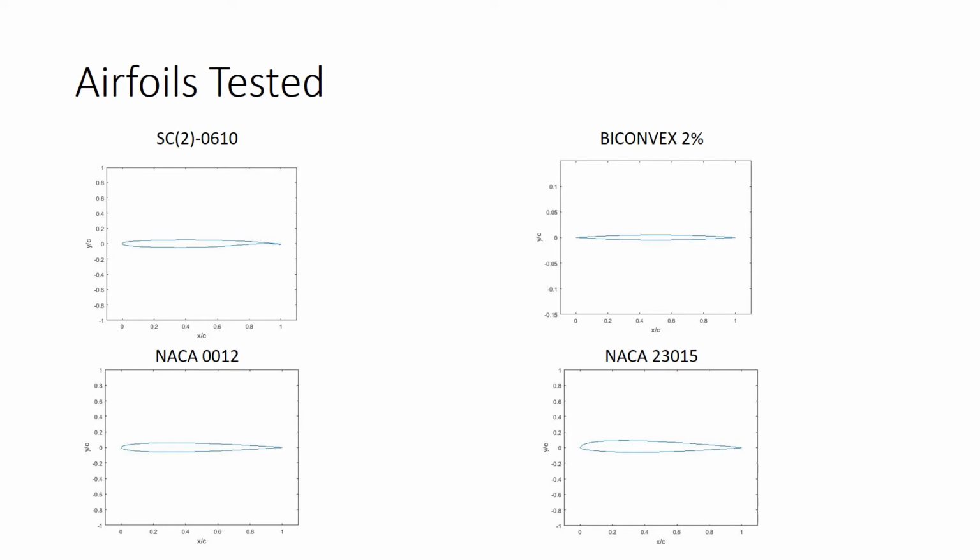The SC2, the supercritical airfoil, is more found in transonic applications, while the biconvex airfoil is more found in supersonic applications, and the NACA airfoils are generally found in more subsonic applications. So we wanted to choose these different airfoils to see what features cause desirable flow characteristics in transonic flows.